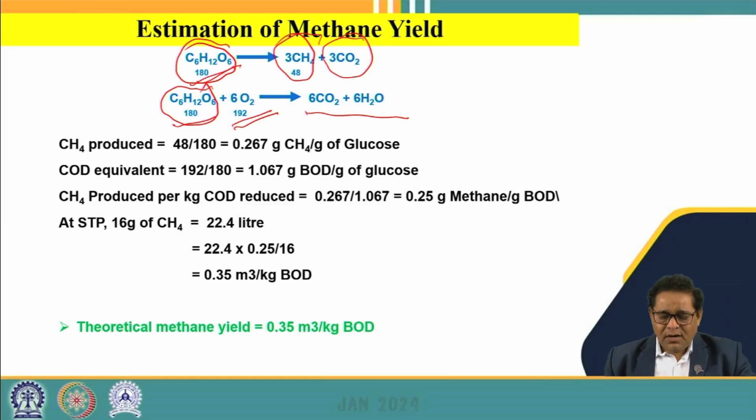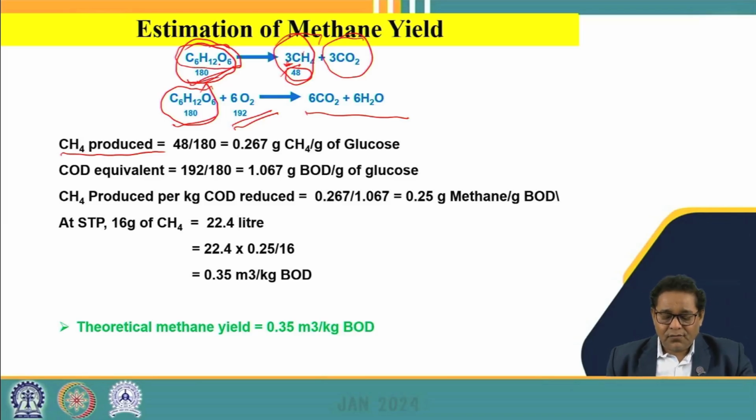So how to do this? Let us see. If we need to calculate how much methane is produced, the molecular weight of methane is C is 12 and H is 4. So 12 plus 4 becomes 16. If we multiply by 3, because there are 3 moles, it will be 48 gram. Similarly, the molecular weight of glucose is around 180 grams.